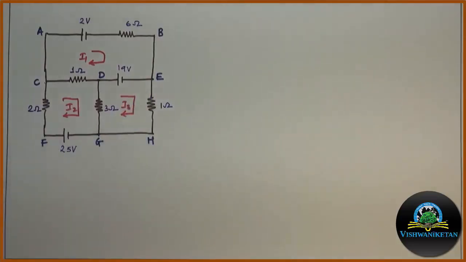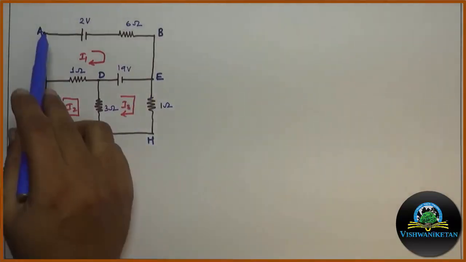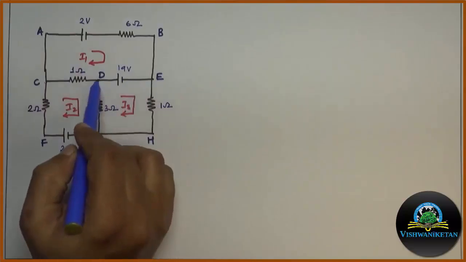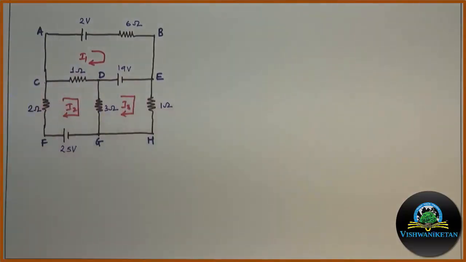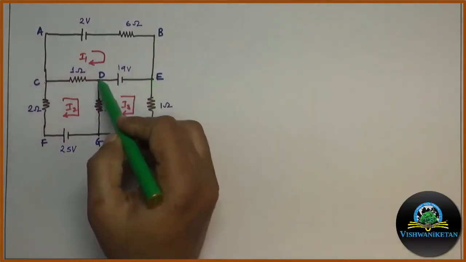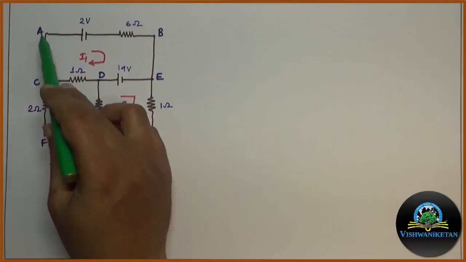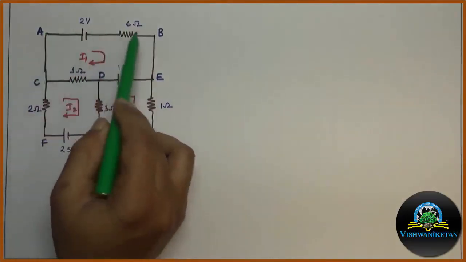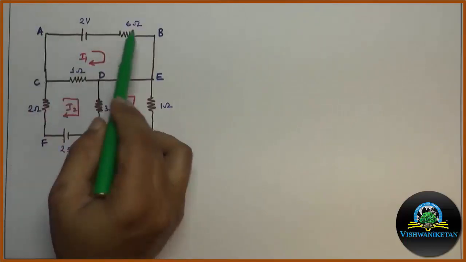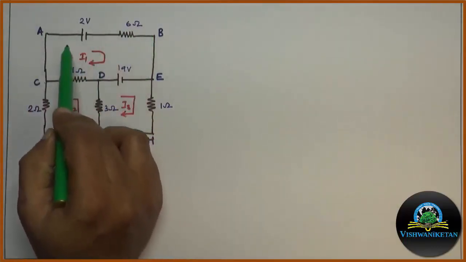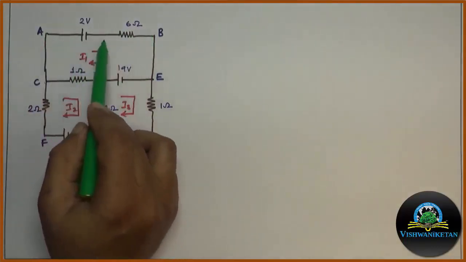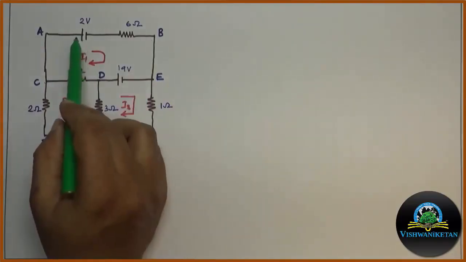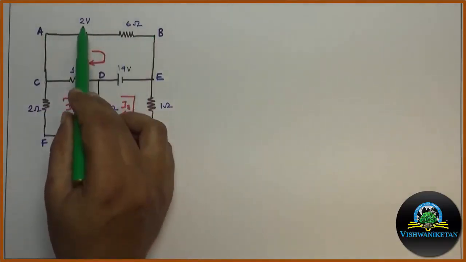Now we will apply KVL to mesh A, B, E, D, C, A. As per sign convention, we will move from A to B, B to E, E to D, D to C and C to A. Now let us start from A to B. In A to B, the loop direction is A to B. Similarly, my loop current or mesh current is flowing from A to B. The first element during A to B is a 2 volt battery.